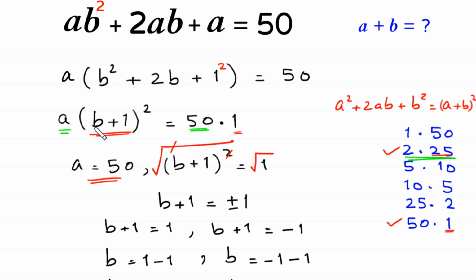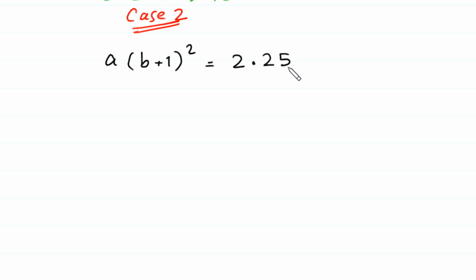We write this a times b plus 1 whole square equal to 2 times 25. This is case 2, a times b plus 1 whole square is equal to 2 times 25.